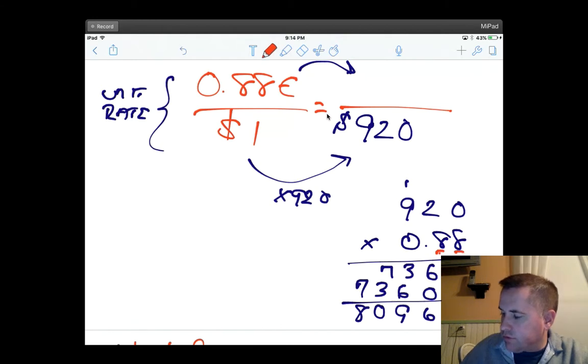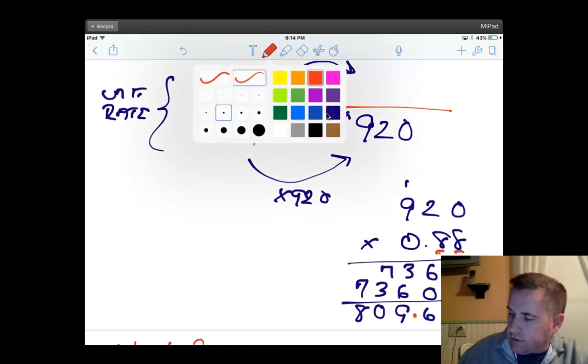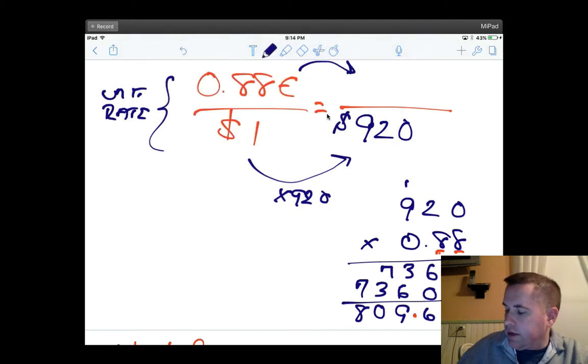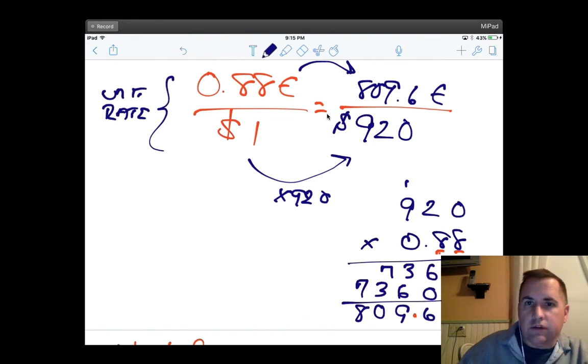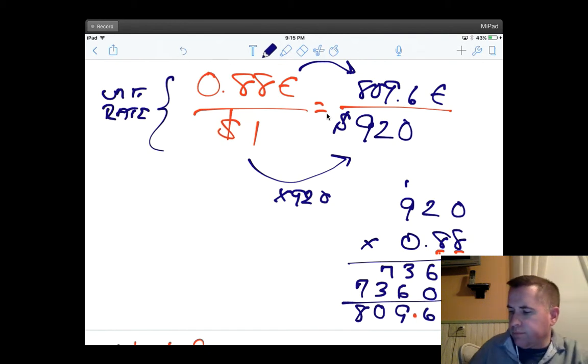We multiply as whole numbers, and then we count 1, 2 decimal places to the right in our factors. So we need 2 decimal places in our product, which means that our $920 flight is 809.6 euros. So there's the currency conversion for our flight.